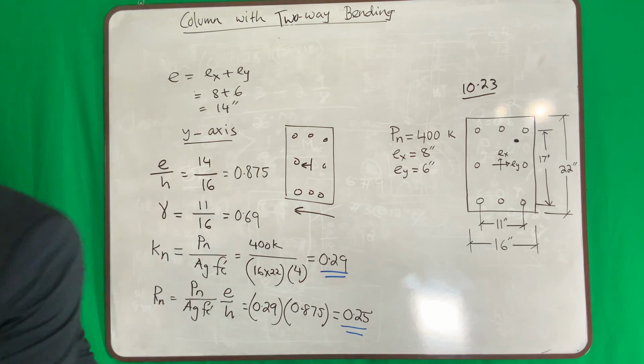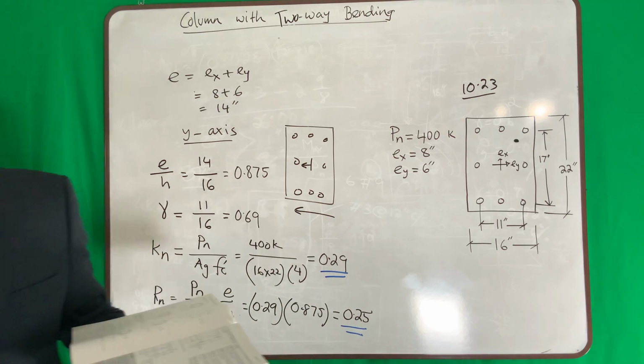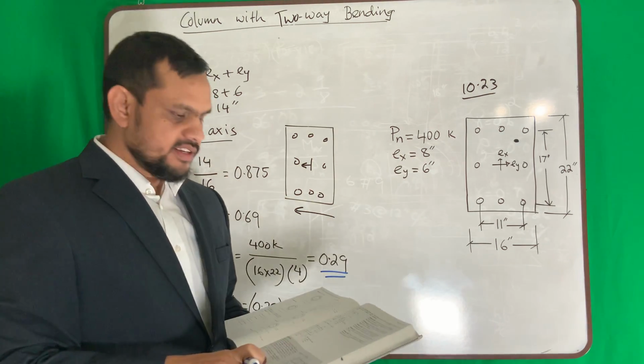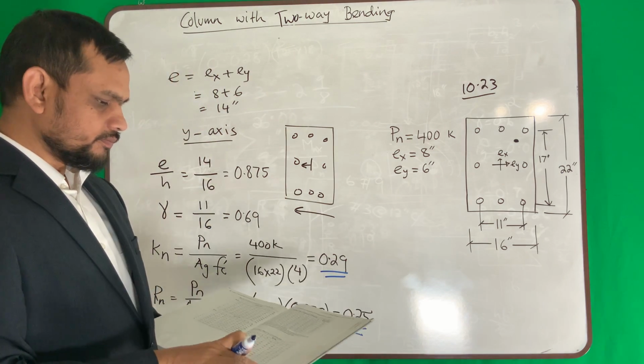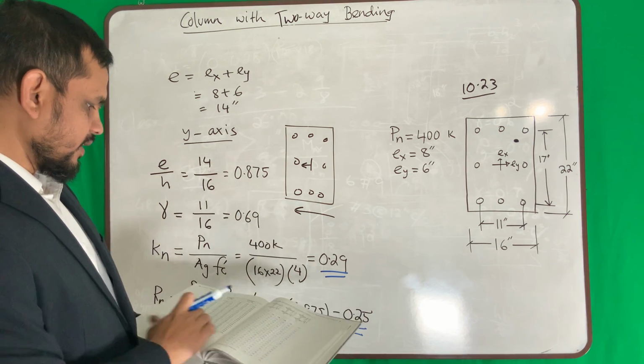We will find a chart in your book. Again, we are designing only about the y-axis because that is the weaker. Okay, see if I go to your book, find the chart.